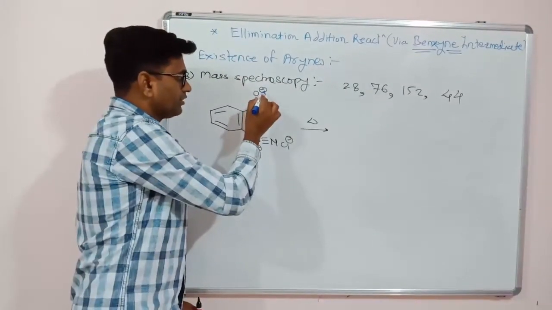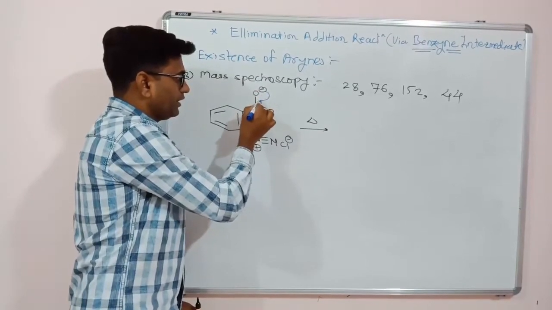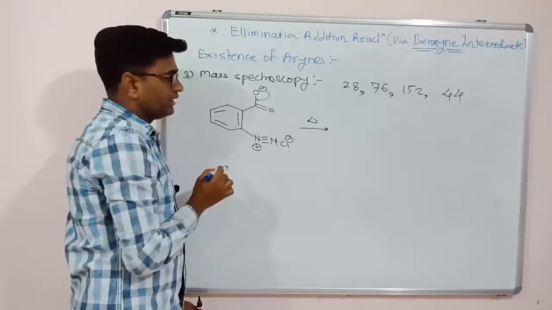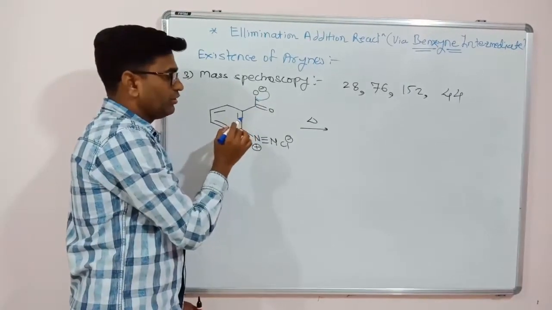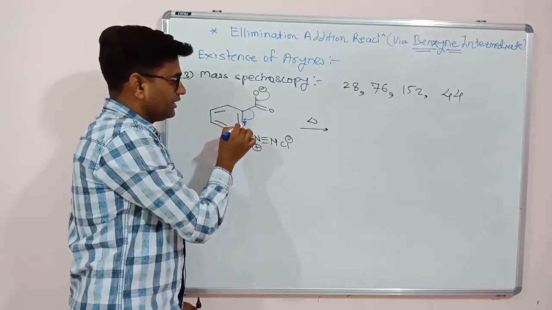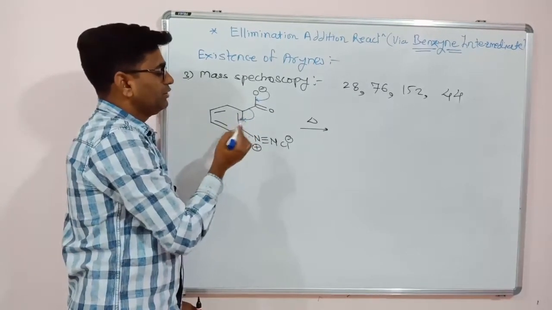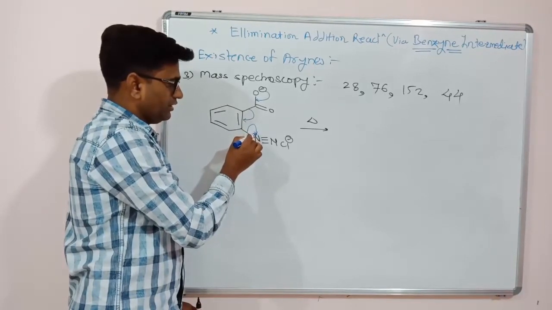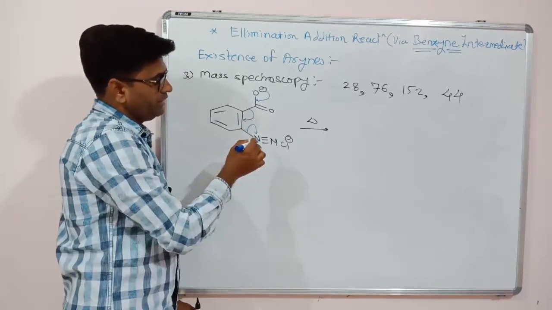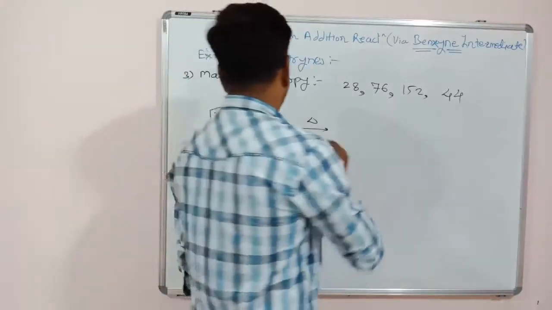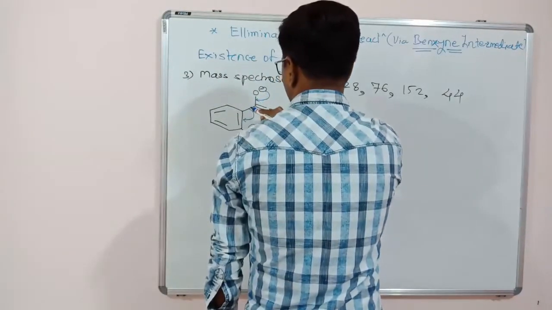This negative charge comes over here, so the carbon-oxygen bond will become double. Now this carbon has a fifth bond, so this bond has to break. This bond will break, those electrons come over here, so the double bond becomes a triple bond. This bond will break, those electrons go to the nitrogen, and this positive charge will be neutralized. So the byproduct is, see here, this negative charge comes here, this bond will break.